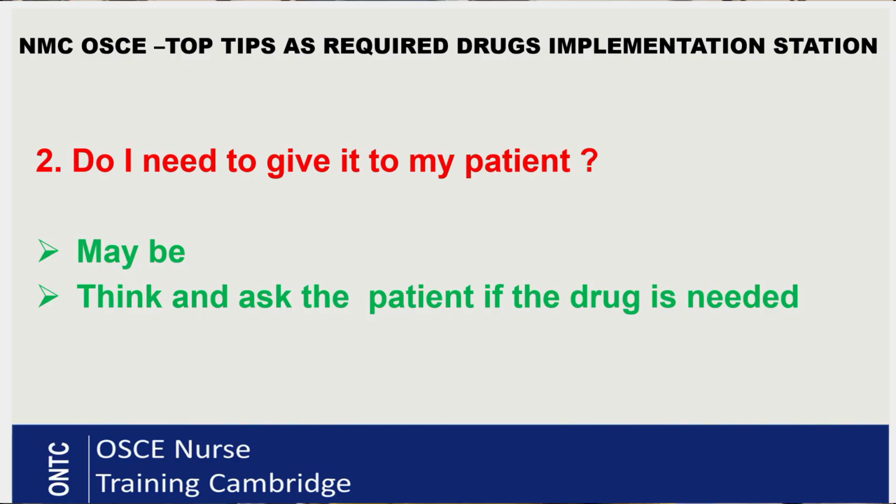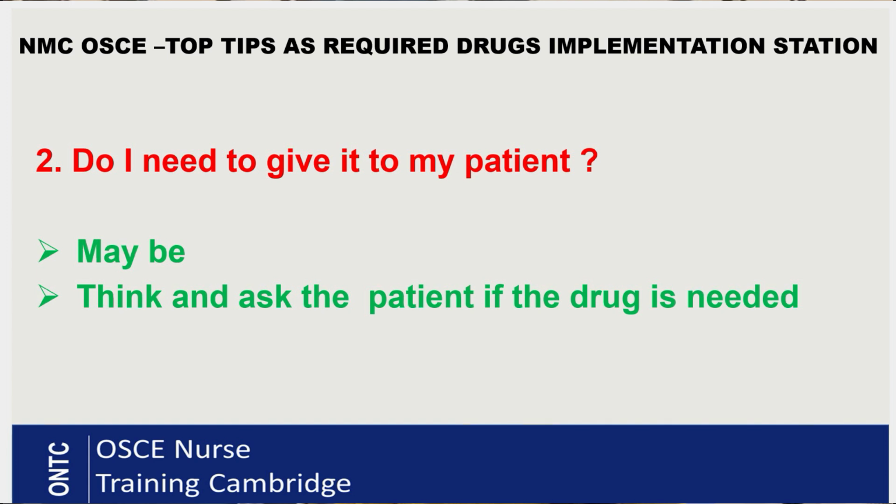Number 2, do I need to give it to my patient? Yes, there is a reason. Yes, maybe. The answer is not a definite yes, and not a definite no, because it's as required. The correct answer is ask your patient, think about it first. What medication is it, could your patient possibly need it? Ask the patient if they would like it.